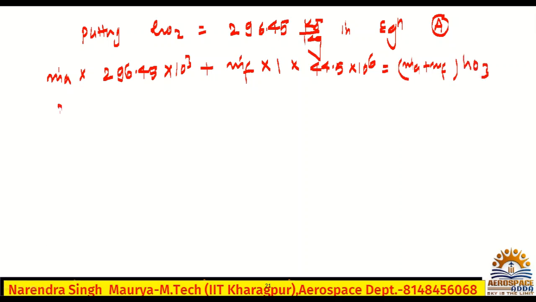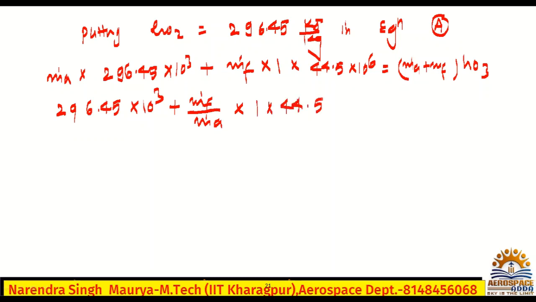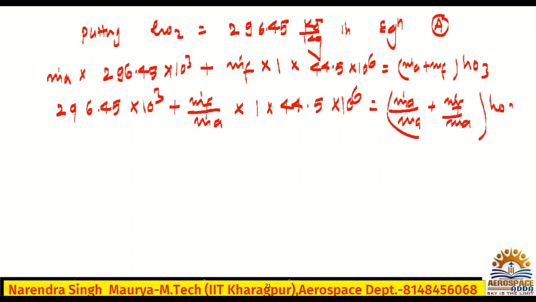Now divide by M dot A throughout the equation. So M dot F by M dot A, into 1 into 44.5 into 10 to power 6 is equal to M dot A plus M dot F into H naught 3.